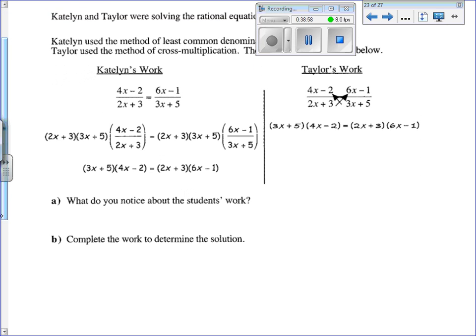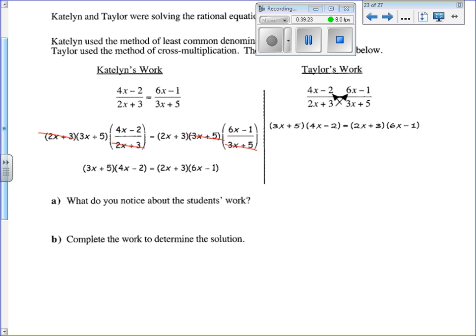So this is where we would multiply every term by every denominator. So we're going to multiply this term by both 2x plus 3 and 3x plus 5, which allows us to cancel the 2x plus 3s, and we're just left with 3x plus 5 times 4x minus 2. Same thing on this side, but we can cancel the 3x plus 5, and we're left with that expression, which is exactly the same thing as you get if you just cross multiply. Okay.